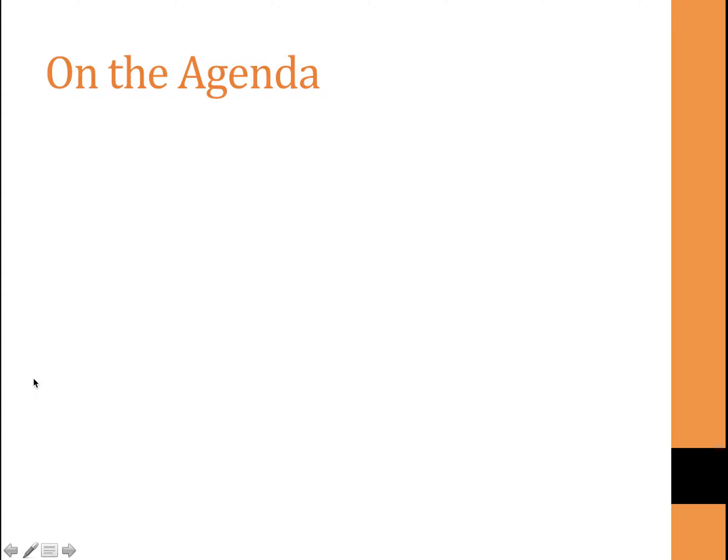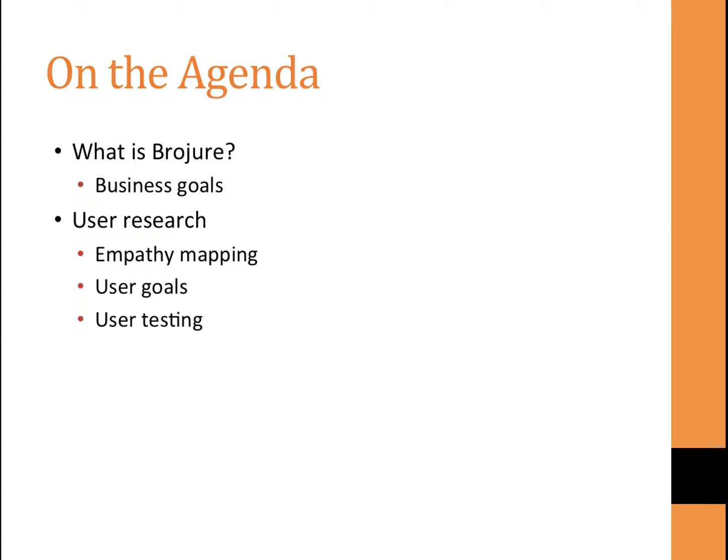So on the agenda for this presentation will be a little bit of a story from beginning to end. We'll start with what is Brochure, and we'll go over some of the business goals of the company. And then we'll talk about the user research that I used to define the problem and decide what I was going to work on in Brochure for this project.